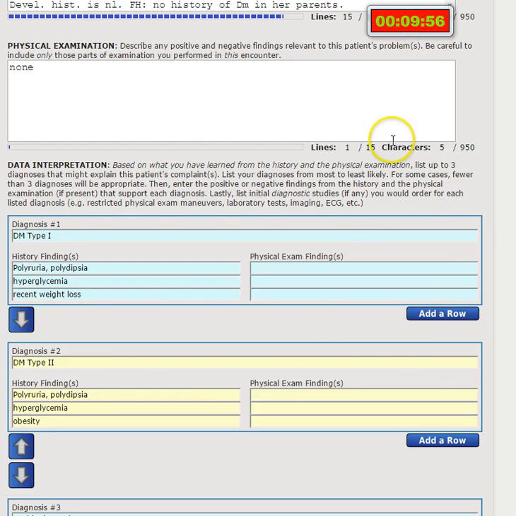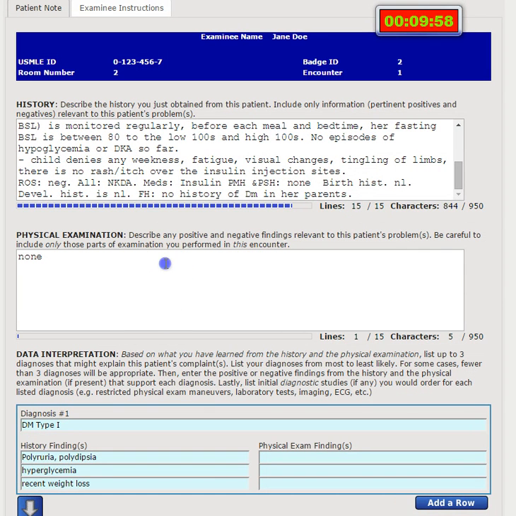Good time. 9:55, almost finishing. The child is not physically in the office.